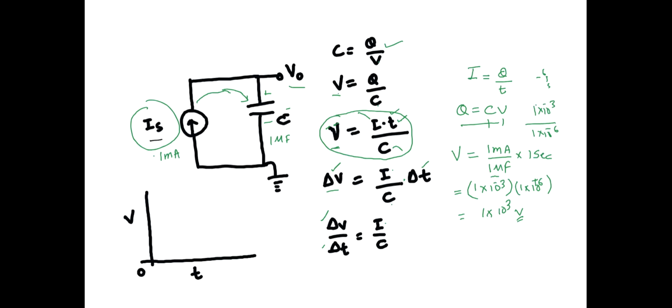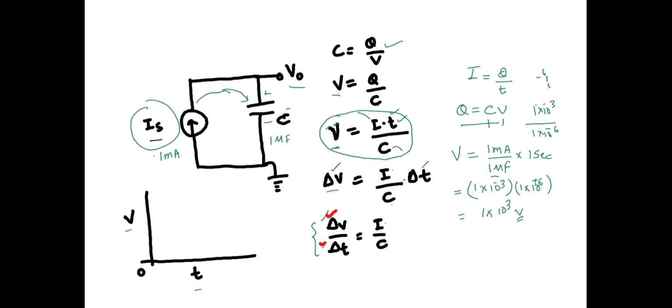What about delta V over delta T? You see the voltage starts and the time T, and we can draw the curve here to understand the behavior of the voltage charging. Usually there is a change in voltage due to a change in time.